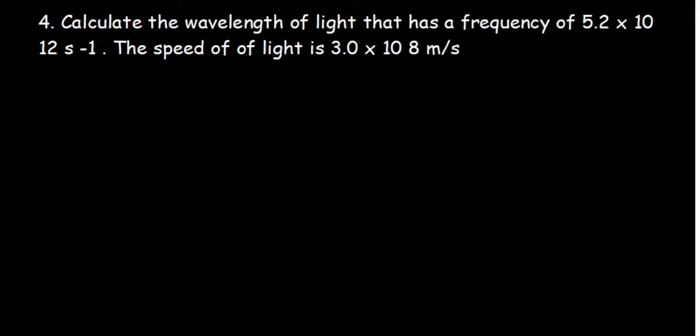Question 4. Calculate the wavelength of light that has a frequency of 5.2 times 10 to the power 12. The speed of light has been given to be 3 times 10 to the power 8. We are asked to calculate the wavelength. Again, we need to appreciate that wavelength is inversely proportional to the frequency.